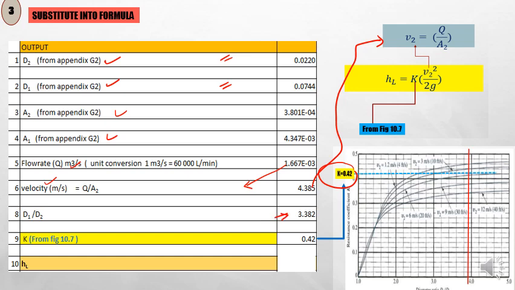So I have to use this Moody's chart, using the X and the V line to get what is the K. So here is our K. Lastly, you just substitute all the info here, which is K, V2 and 2g, into this equation, and you will finally calculate your HL. So in this case, HL is 0.412 meter.